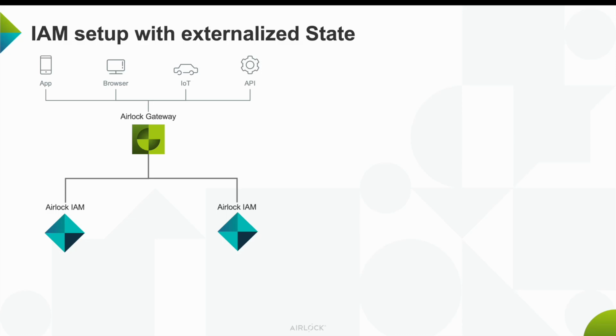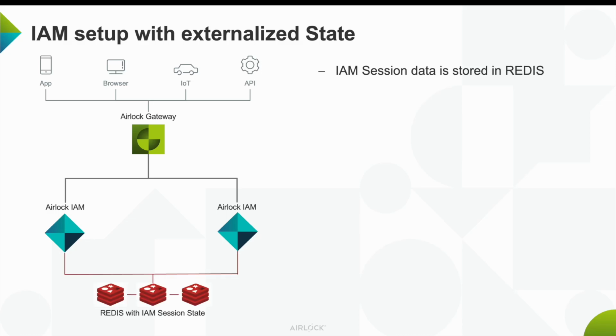So what did we add in Airlock IAM 8.1? We added the possibility to store session information in an external Redis setup. So IAM no longer stores the session information locally, but stores it in a Redis setup, which is outside of Airlock IAM.